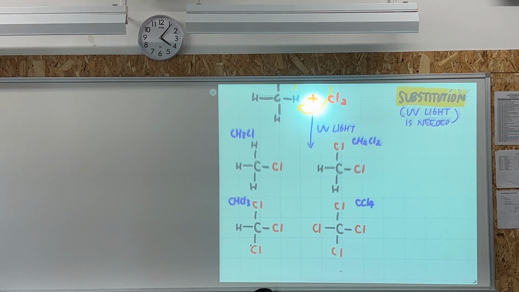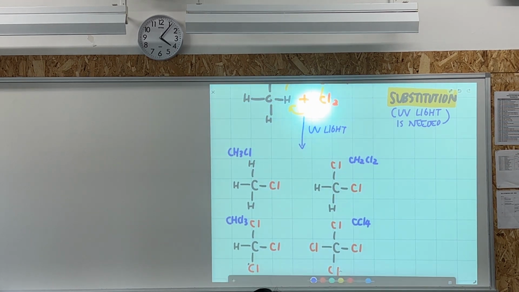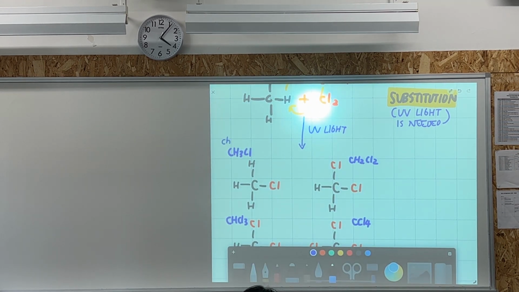What do you call the top left one? Chloromethane. Yes, perfect. Excellent. Okay, there are three of you here, so the other two of you name it. Maybe Eric first. The second one here.